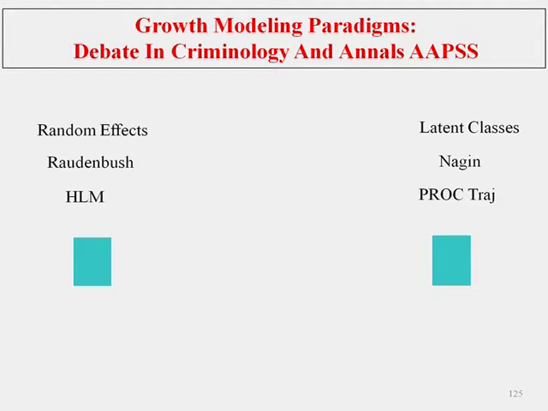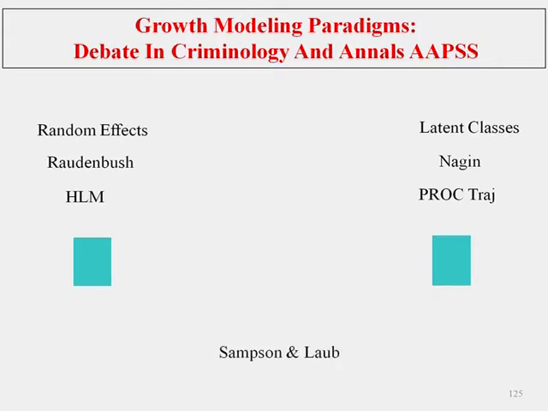One example is Steve Raudenbush and the Raudenbush and Bryk book and the HLM program in the US, which is quite different. Raudenbush would represent unobserved individual differences or unobserved heterogeneity by continuous random effects variables, as is done in standard statistics, repeated measurement modeling, whereas Nagin would represent unobserved heterogeneity by latent classes.